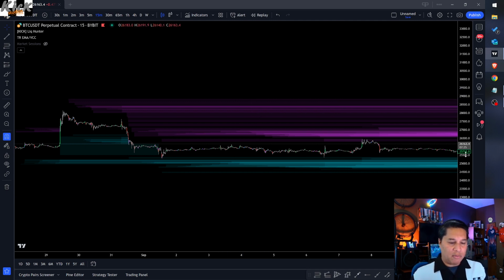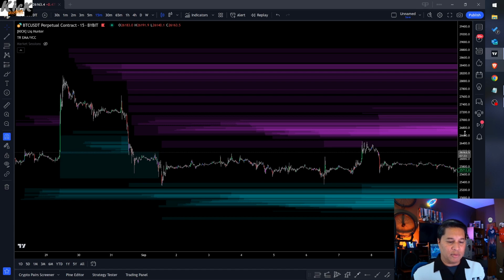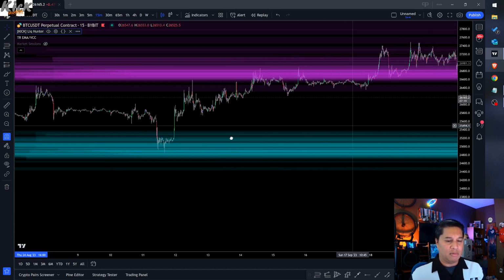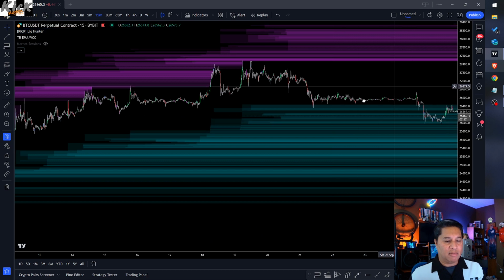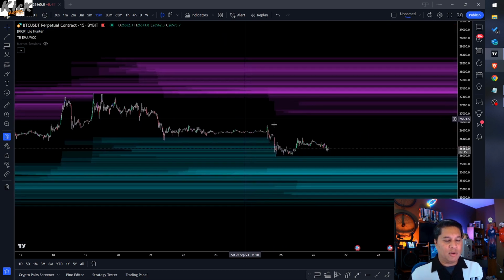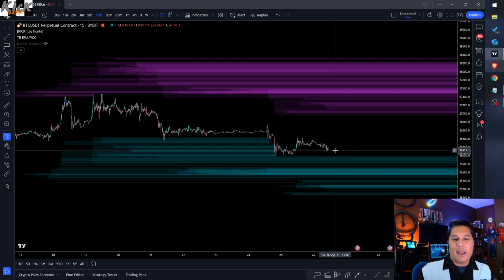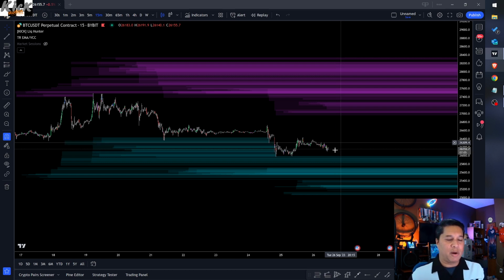So I think that covers everything as far as how to use this. The best thing I can suggest is to just use the settings out of the box and start looking at the zones that pop up at different points in the trading day, and then compare those to how and where the price ends up moving.